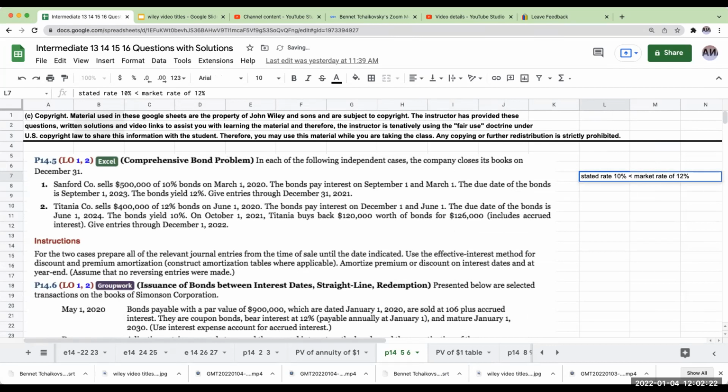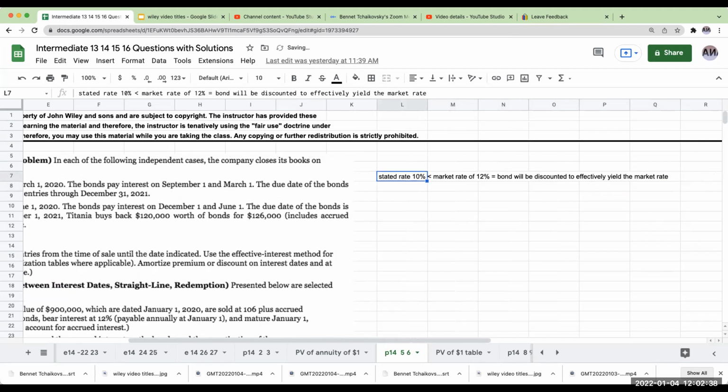So that means the bond will be discounted to effectively yield the market rate. So I'm going to have to discount my bonds, or sell them for less than the face value, in order to be able to sell them.